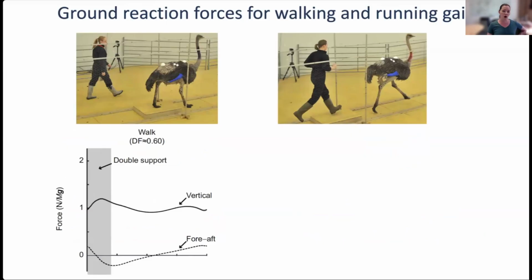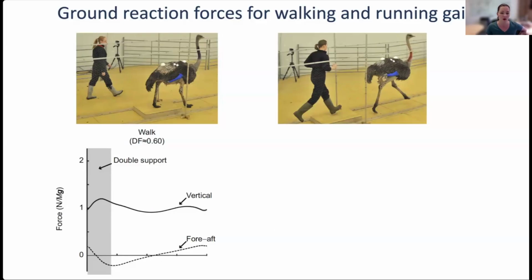And in walking, this is typical of the walking gait. We see that there is a double support phase. This is a walking gait with a duty factor of 0.6. So there's about a 10% overlap in the contact periods. The vertical force fluctuates around 1 body weight. This is force in newtons divided by body mass times gravity to make it in multiples of body weight.